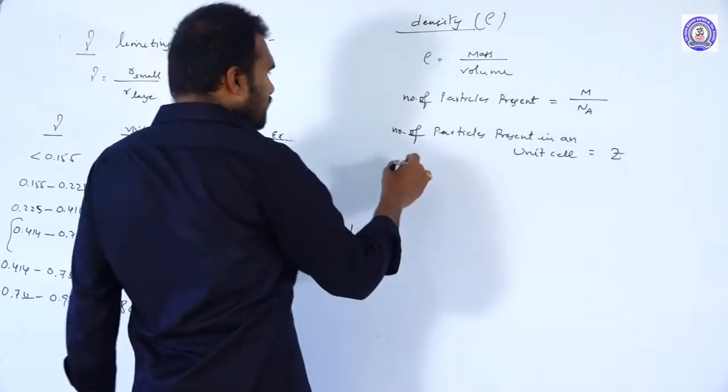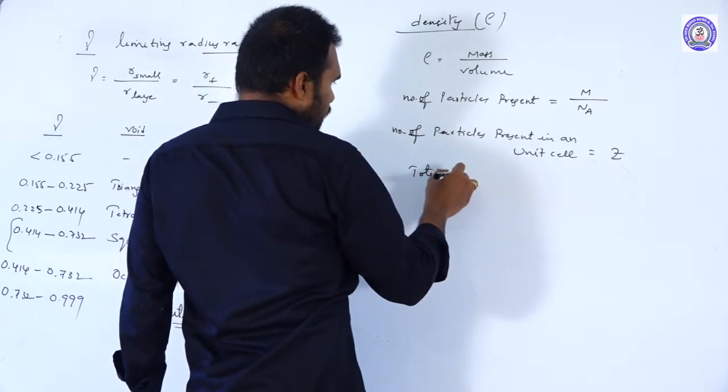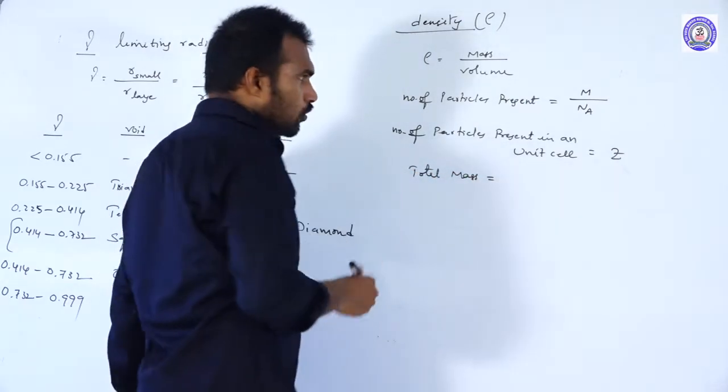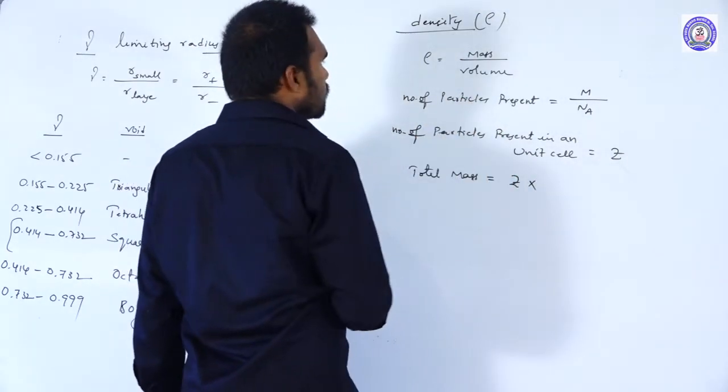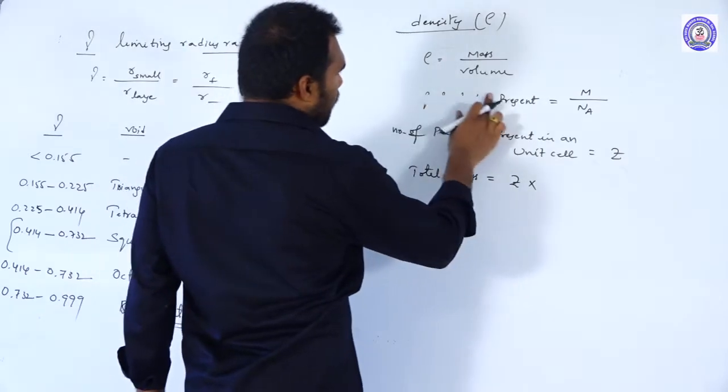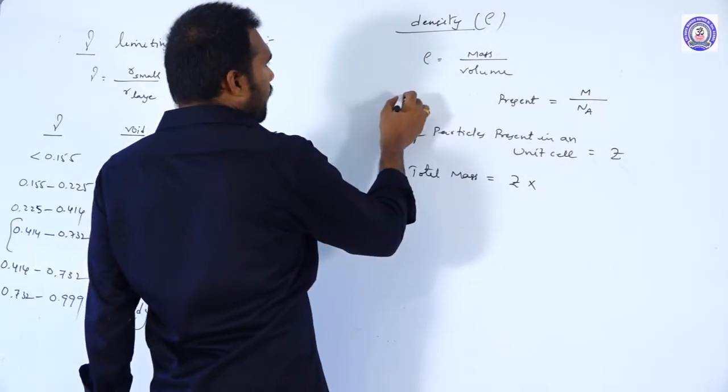So the total mass is equal to number of particles into the mass of a particle.